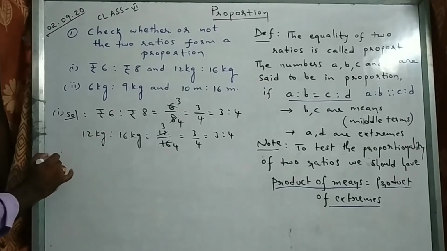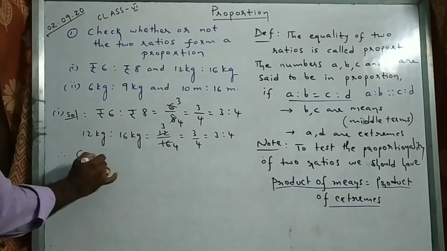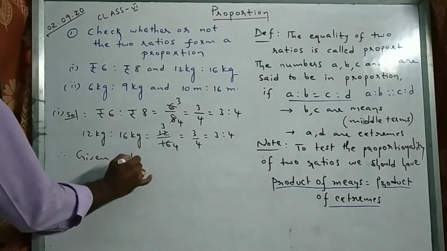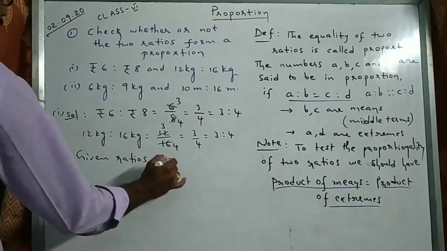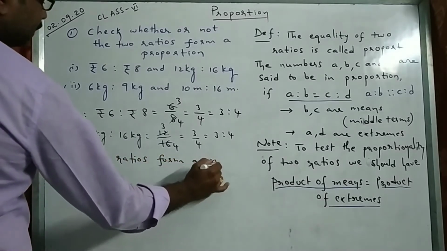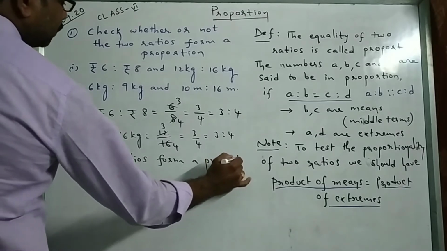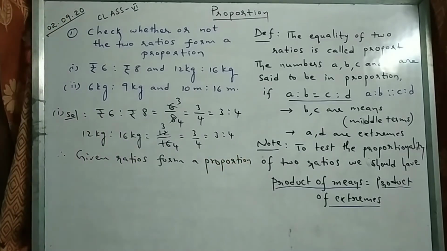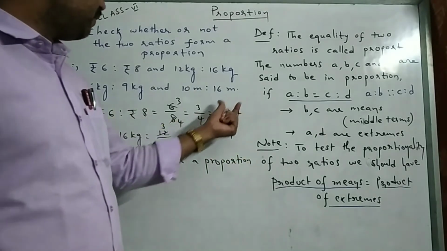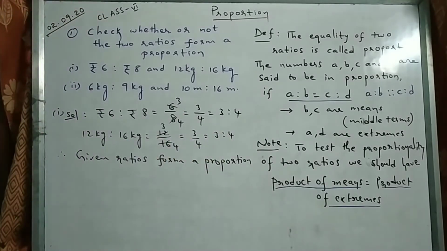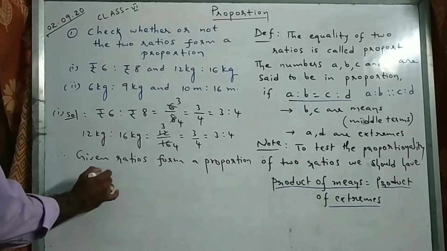Therefore, given ratios form a proportion. Okay? Both ratios are equal. The equality of two ratios is called a proportion. So they form a proportion. Okay? That means I can write like this.